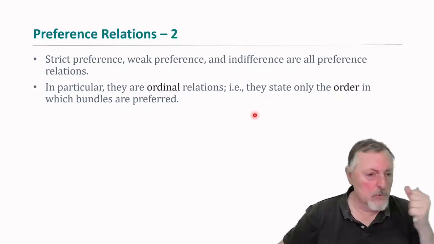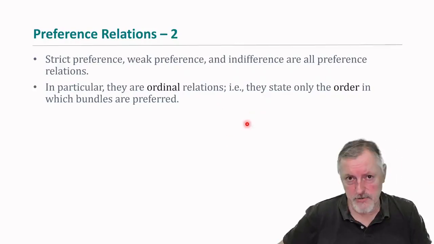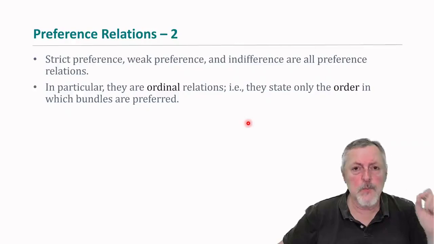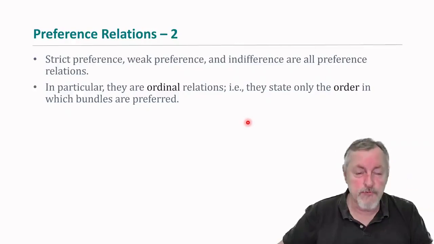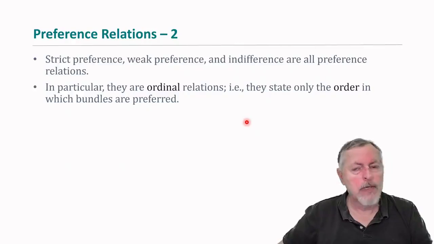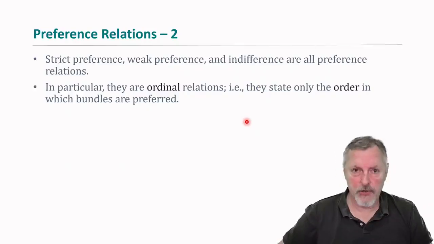These are all preference relations. These are ordinal relations. They only state the order in which these occur. You prefer X to Y. It says nothing about how much you prefer X to Y.